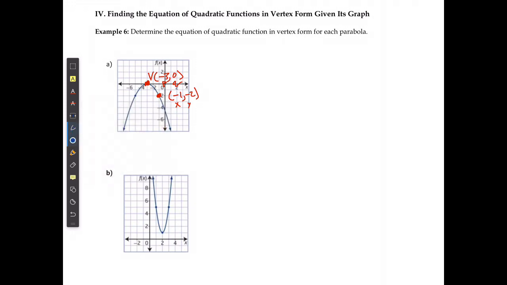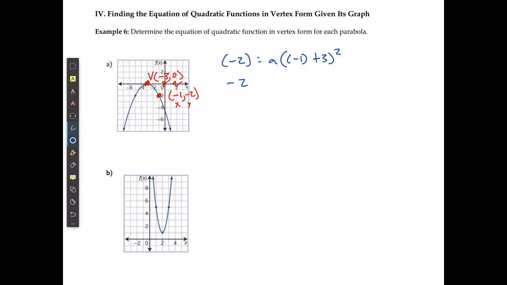So I'm going to substitute in y becomes -2 is equal to a, x is going to become -1 minus -3, which is going to be plus 3 inside the brackets, and then if q is 0, I'm just going to leave it out. I could say the plus 0, but that's redundant.